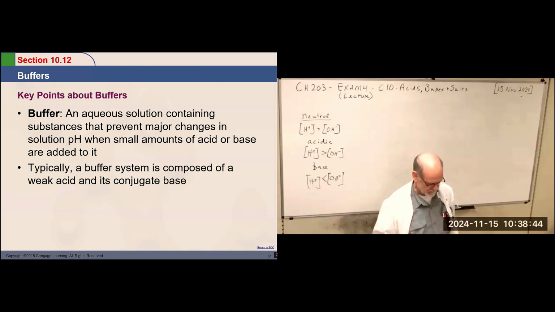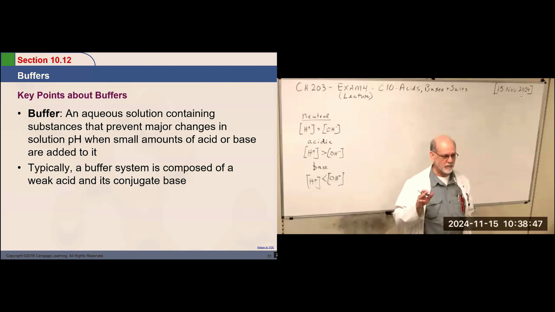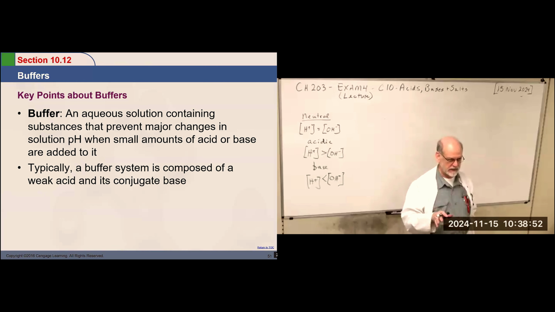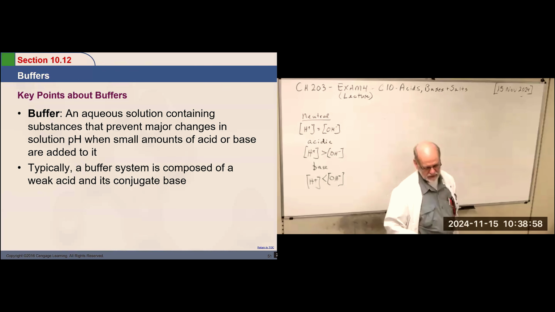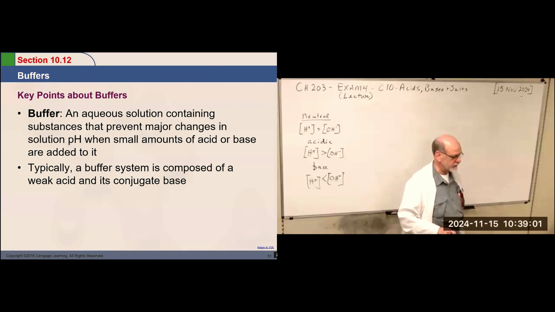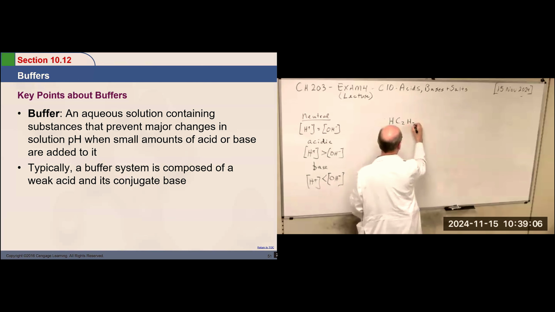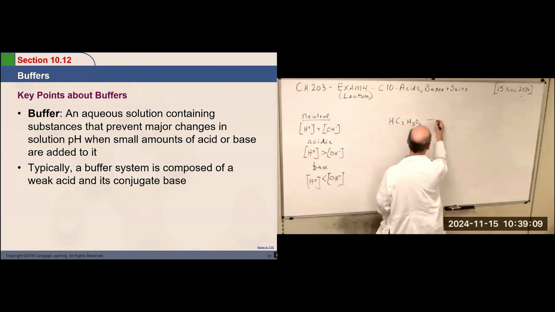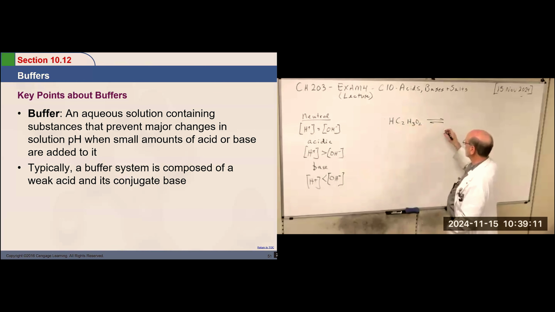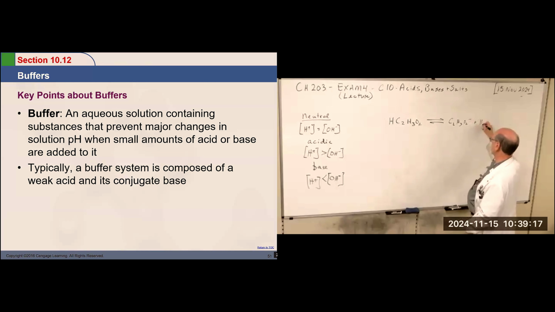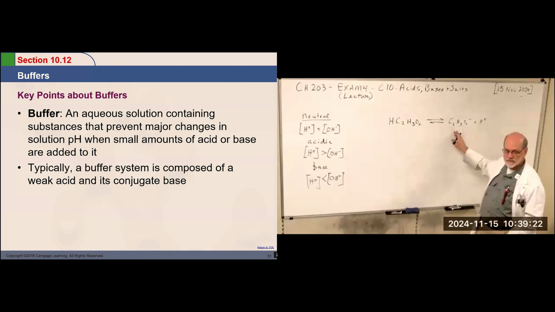Now, most buffers, not all, most are composed of a salt, of a weak acid, and a strong base. For instance, acetic acid. So if we have acetic acid, then the buffer will have some of this in it and some of that in it. The buffered solution will have some of that and some of this.